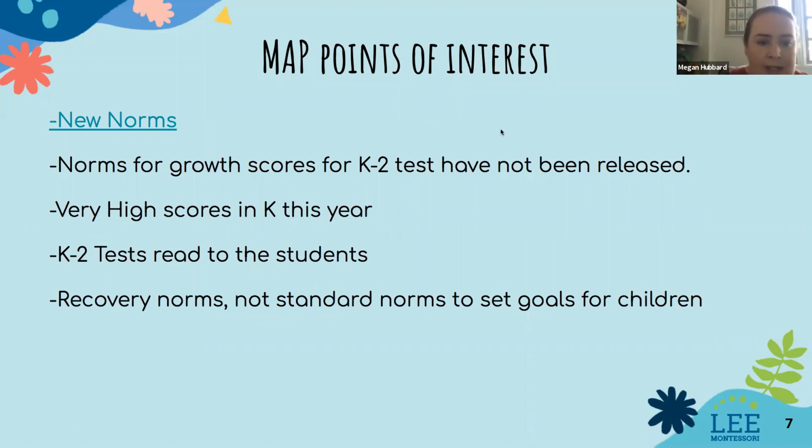One of the things to note is that across the board, both campuses, we had extremely high scores in kindergarten this year, enough that it feels like an anomaly. So we're looking at our data and seeing what's going on in classrooms to see what is causing that trend. Those of you with kindergarten students will note high scores.